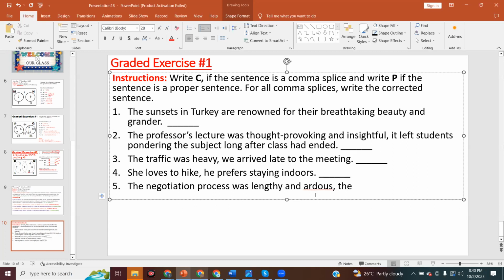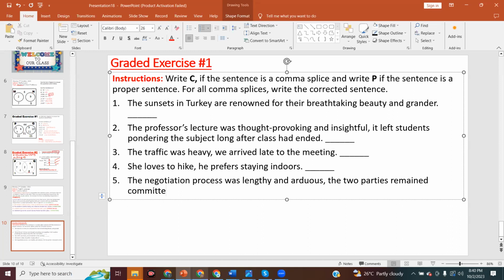The two parties remained committed to finding common ground.